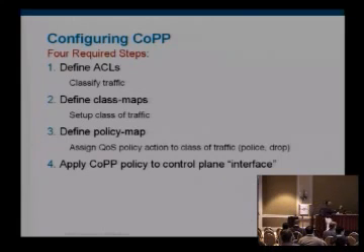Then you define what we call a class map. In the class map, you refer to the ACL, so you can do different segments. You can say all the OSPF, all the telnet traffic, all the SNMP traffic, you can distribute them in different buckets. And then all those buckets you can distribute in different class maps. Why?